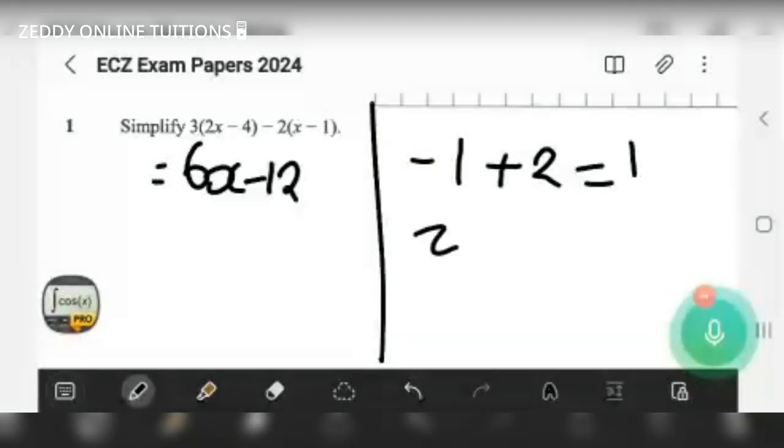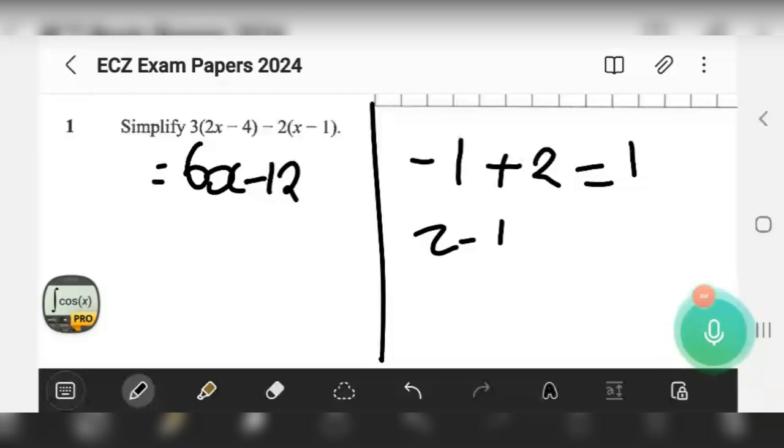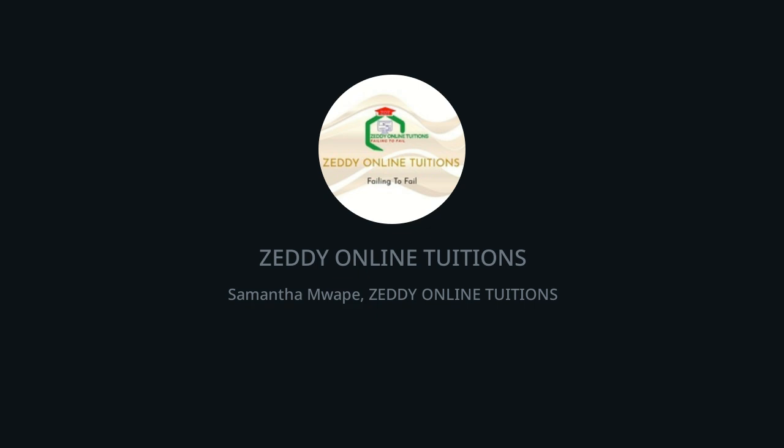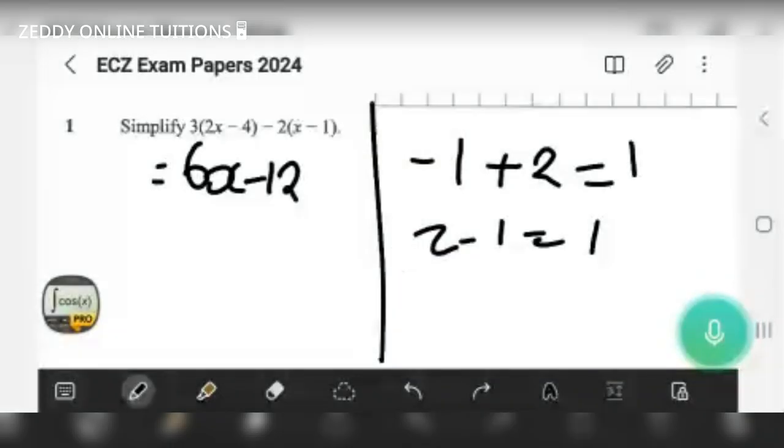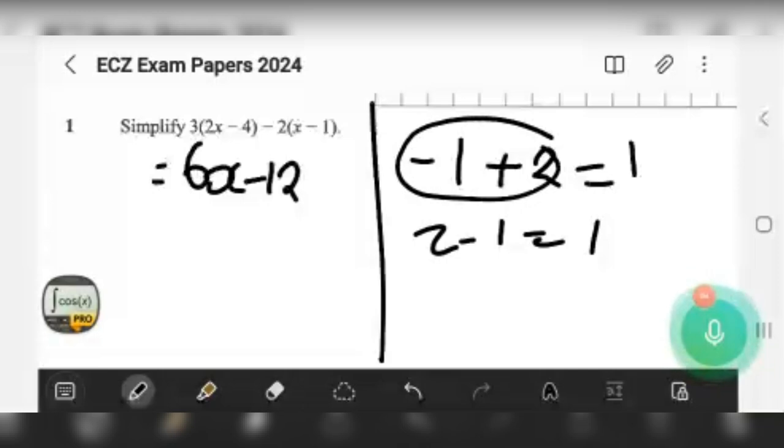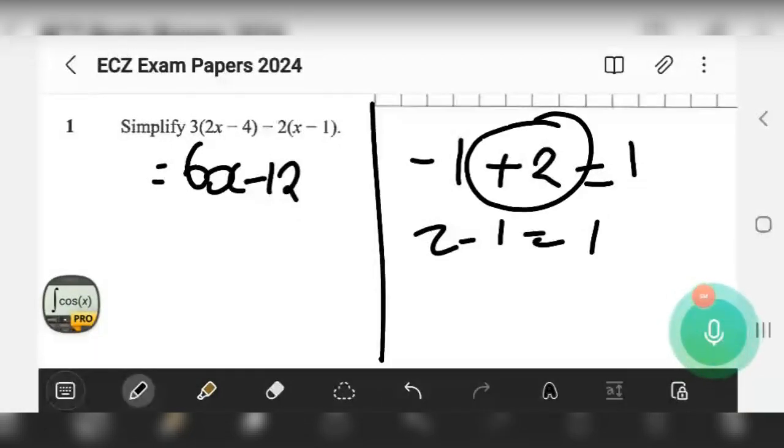So this is as good as 2 minus 1. Don't confuse things, okay? 2 minus 1 is equals to 1. We've gotten the sign from the bigger number. Here we cannot show a positive because there's no number before these two, because these two expressions are the same. That is what you need to know. For the bigger number, we always get our sign from the left side of the number.